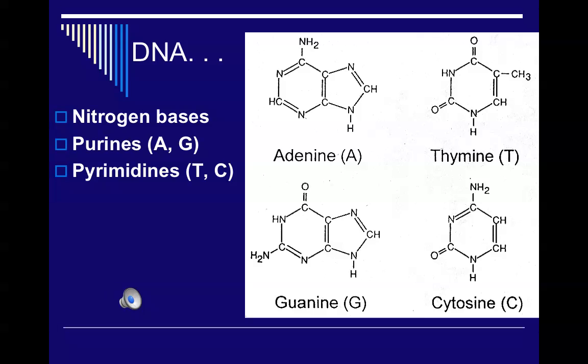Notice the reason we call them nitrogen bases is because they're loaded with nitrogen atoms. It's not all carbon on those molecules. There are quite a few atoms of nitrogen, and that's where we get the phrase nitrogen bases.